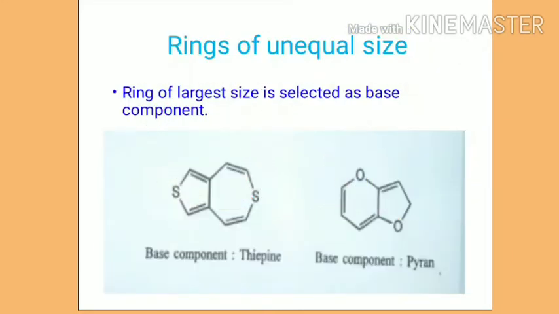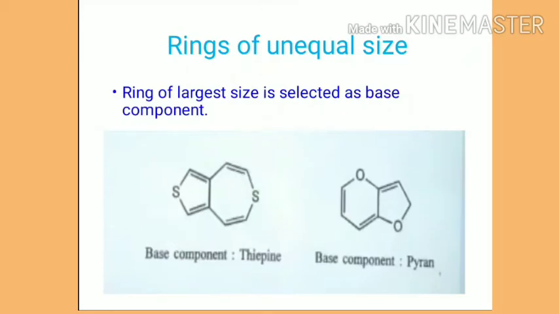If the compound has rings of unequal size and has the same number or same type of heteroatom, then the ring of larger size is selected as the base component.